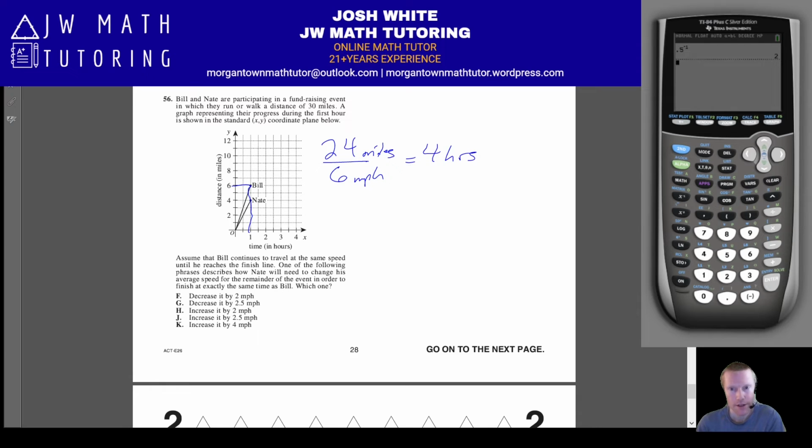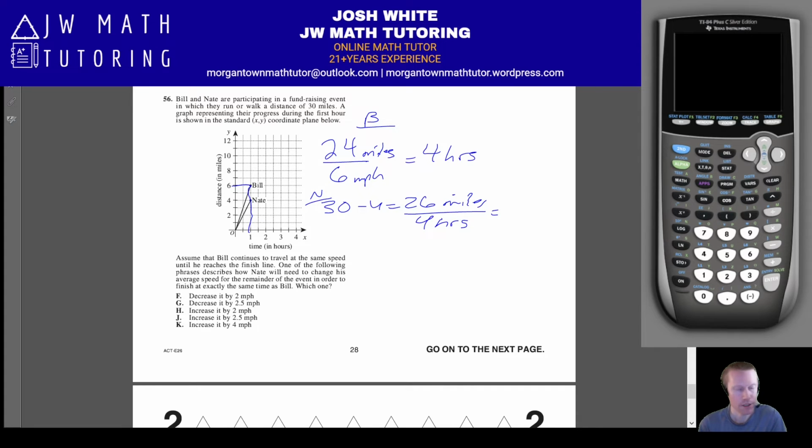So that means Nate has to catch up to Bill over a total time of 4 hours. Notice that Nate so far after his first hour has completed 4 miles. So therefore, 30 miles minus 4, he's got 26 miles left. This is for Bill, and now we're talking about Nate. So he's got 26 miles left, and he has to do those 26 miles in 4 hours. So that means his average speed, just dividing these, is going to be 6.5 miles per hour.